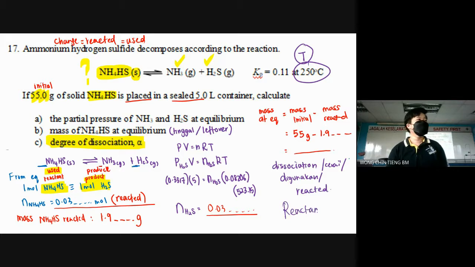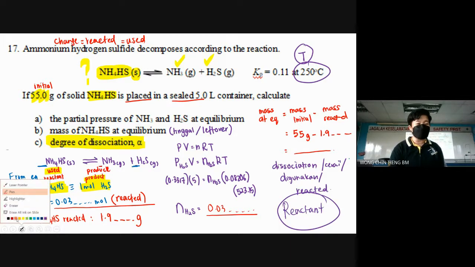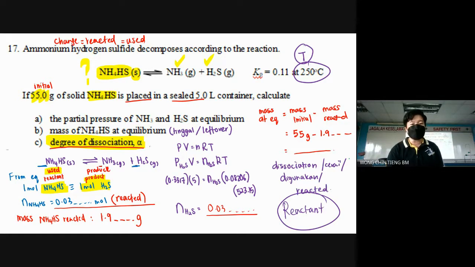Sebab tu bila dia keluar degree of dissociation, dia tak cakap dia nak siapa. Straight away kamu kena tahu degree of dissociation adalah reactant punya. Dan soalan ni you're very lucky because you only have one reactant. Kalau dalam exam touch wood, dia keluar soalan yang ada dua reactant, kira dua-dua asing.